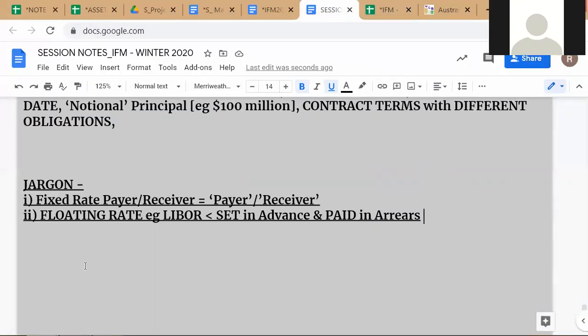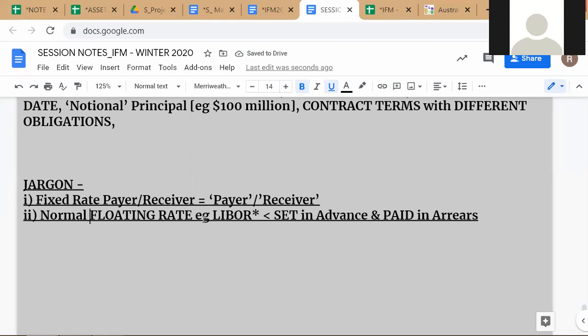In normal LIBOR, it is set in advance and paid in arrears. If you have LIBOR in arrears, that will mean it is set in arrears and paid in arrears, so you get to know the rate only 2 days before. Since we are discussing swaps, we should mention this. This is a normal floating rate setting. If you have a structured product, it will be different.